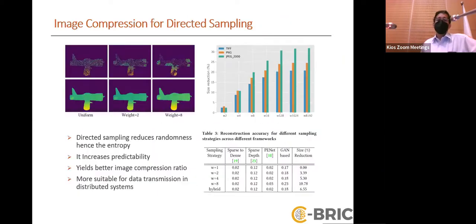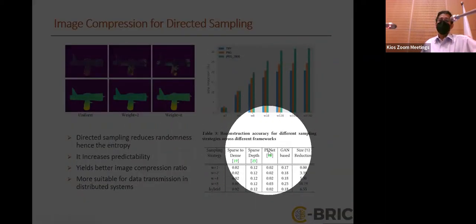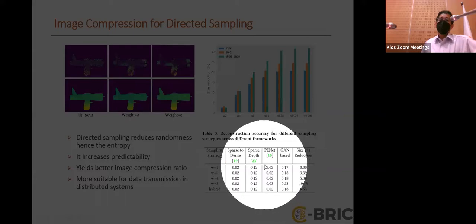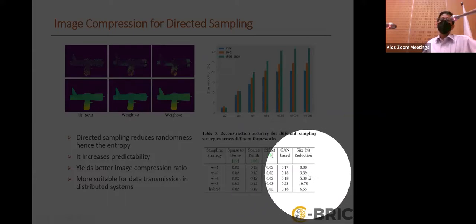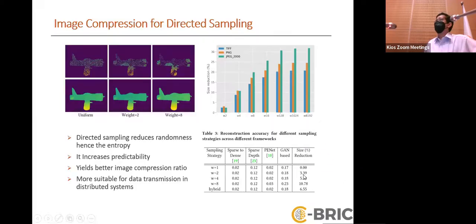And in this particular scenario, one of the things that you end up seeing is we get about the same accuracy with also a significant reduction in the size of these networks. So we are pretty competitive with all these RGB techniques, with an additional benefit because we are doing this directed sampling.